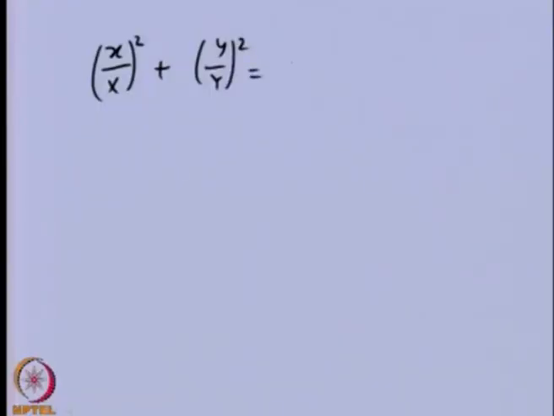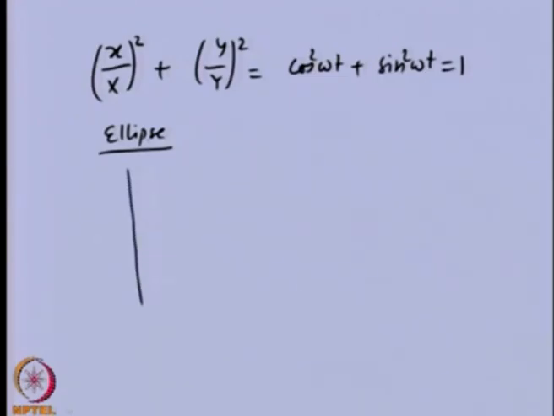So, basically this will give me cos square omega t plus sin square omega t, that will be 1, and this equation is nothing but the equation of an ellipse. So, that means in this particular case, if we want to plot x and y, the rotor will have an elliptical path.